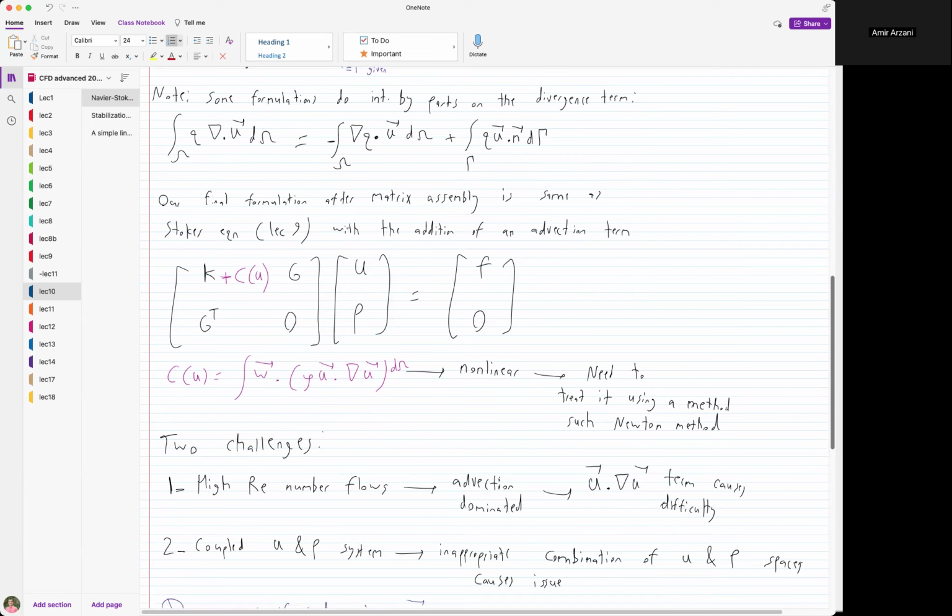The second challenge is the coupled UP system that we talked about previously in the context of the Stokes equation, where because of these zeros that are here, or because really pressure doesn't appear in the conservation of mass part, but it's responsible for that. No, that was a physical interpretation.